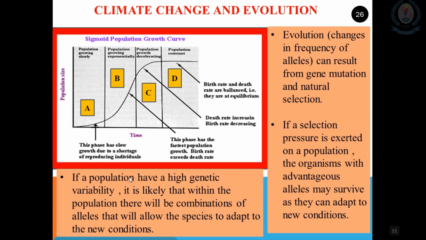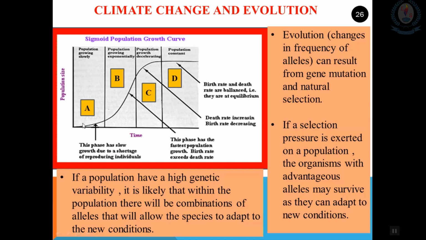The graph here is the sigmoidal curve of population growth, and it represents the changes of the population growth over time. In stage A, the population has low numbers initially, and the increase of the population is very gentle.